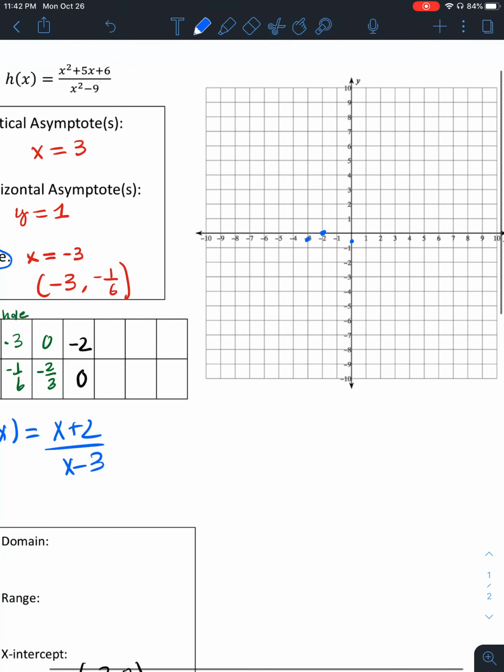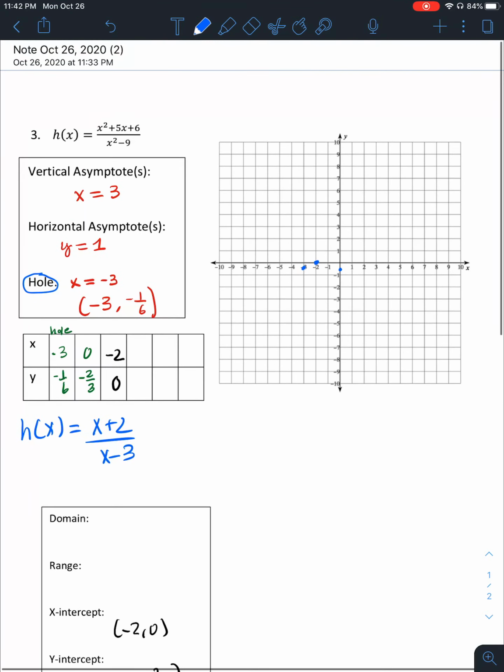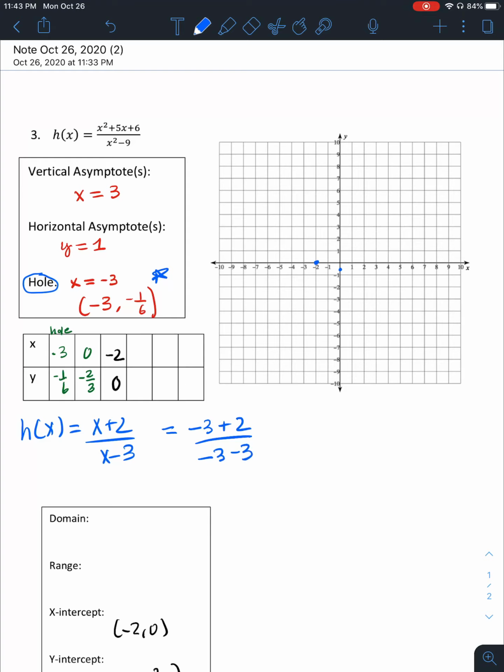But in my head, I know something is wrong because a rational function normally doesn't look like that. So I'm going to take a step back and check my math right here. I'm going to substitute -3 one more time and check my work to make sure I did it correctly.